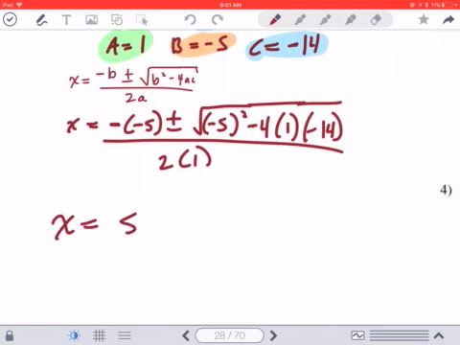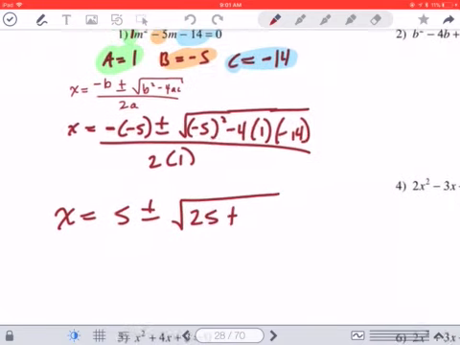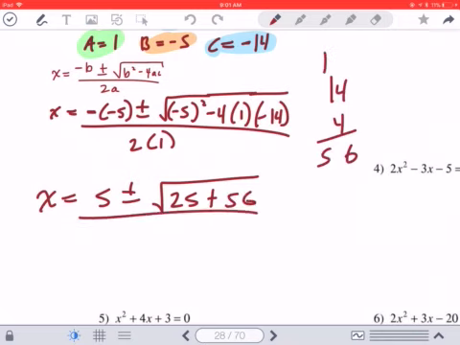Okay, and then I'll just white that one out, get some more room. I'm going to write x equals, keep simplifying here. This is going to be 5 plus or minus. Negative 5 squared is going to be 25. And then I have negative 4 times 14. So that's going to be a positive right here. And 4 times 14, you can just do it off to the side if you're not sure. It's going to be 56. And then I have 2 at the bottom.